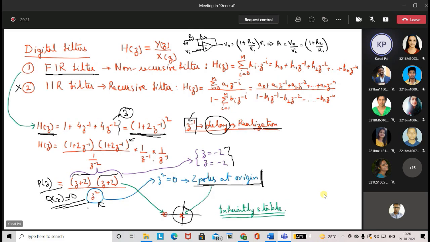And if you remember correctly, when we were discussing the basics of digital filter designing, we said the poles should always be within the unit circle of the Z plane.